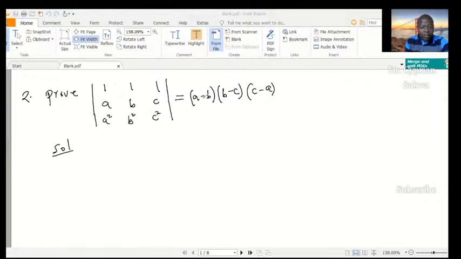Because of this A minus B, I'm seeing that column 2 has been subtracted from column 1, because B is in column 2 and A is in column 1.